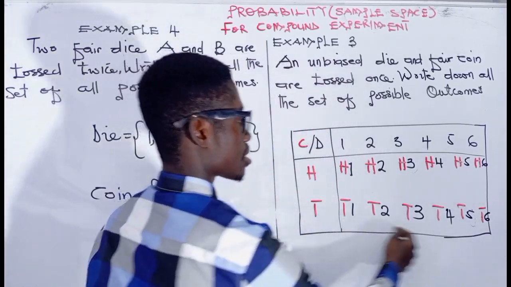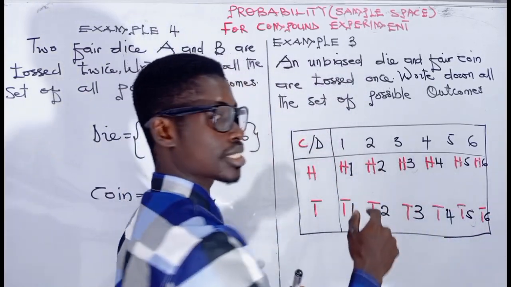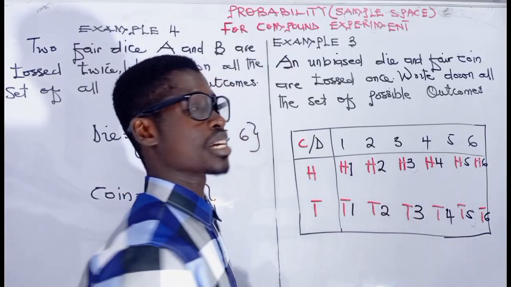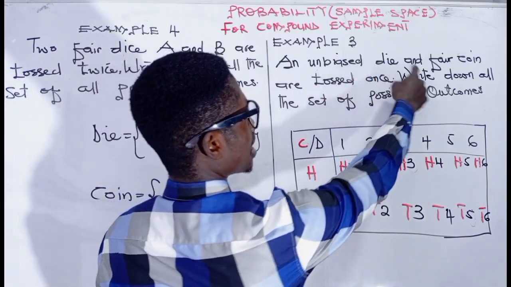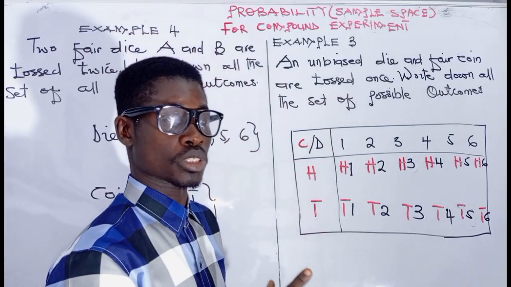So all these possible outcomes in this table become the sample space when an unbiased die and a fair coin are tossed once.